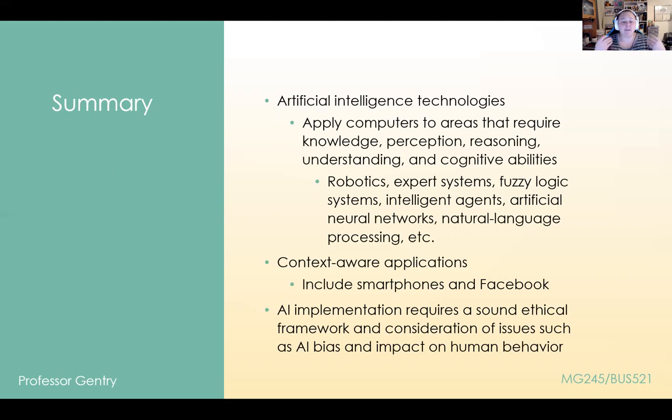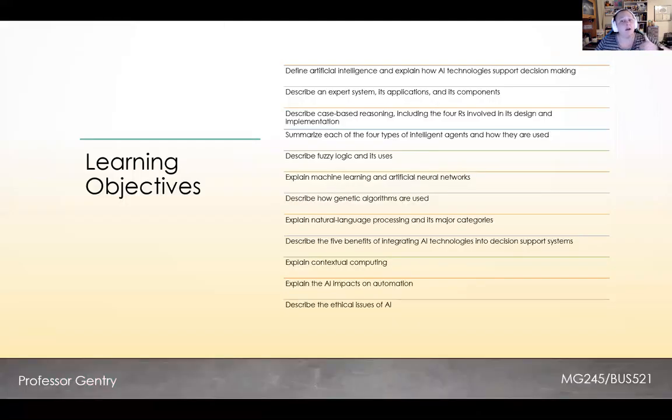We talked about the implementation requiring an ethical framework and consideration of issues such as your AI bias and impact on human behavior.